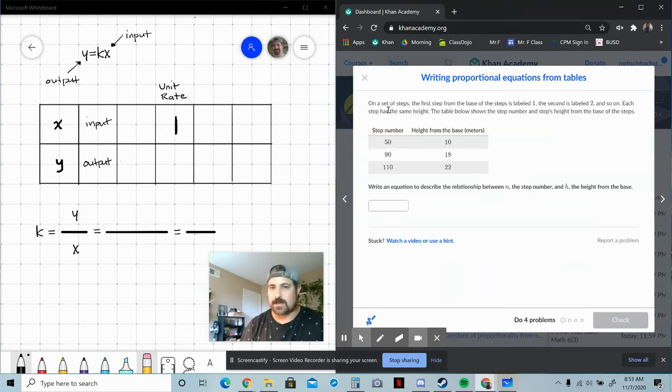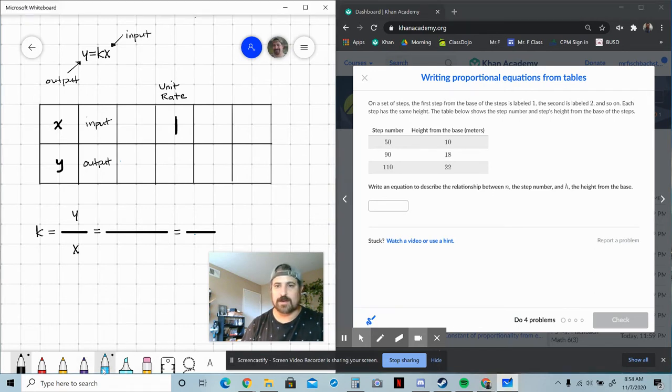So it says on a set of steps, the first step from the base of the steps is labeled 1. The second is labeled 2, and so on. Each step has the same height, so it's proportional. The table below shows the step number and the step's height from the base of the steps. It really doesn't matter which is which, but I would say that step number is probably the input value, and the height would be the output value.